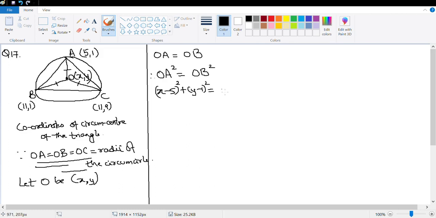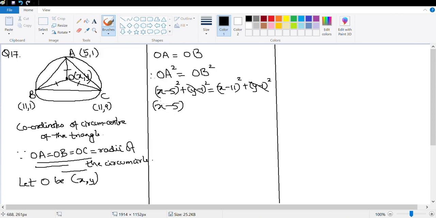OB square will be x minus 11 whole square plus y minus 1 whole square. Let me reconfirm. Yes, OB will be x minus 11 and y minus 1. I notice that y minus 1 whole square is common on both sides with the same sign, so it just cancels out.